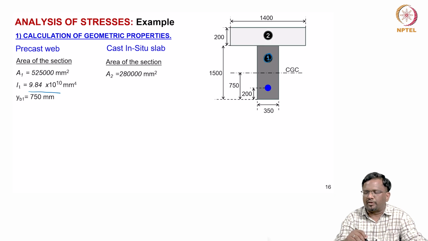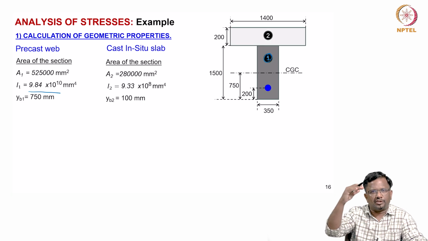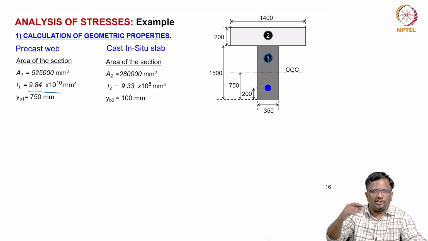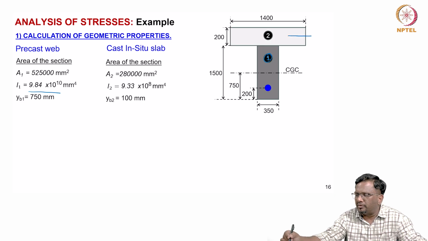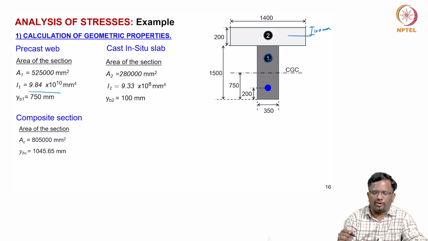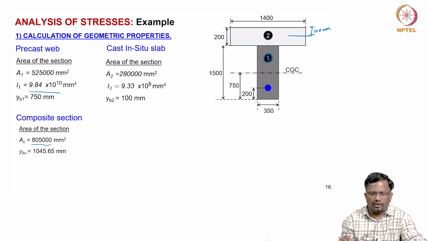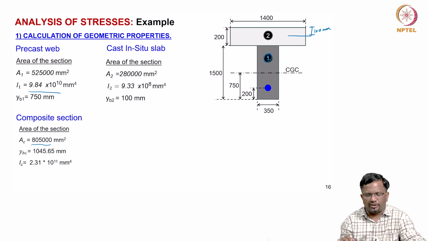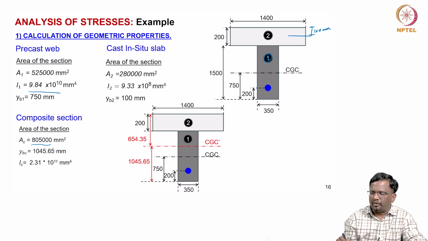Now for the cast in place concrete, your area is 280,000 millimeter square and I2 is 9.33 into 10 to the power of 8, and YB2, which is the distance of element 2 from its CGC, is 100 mm. So that is this, right, 100 mm. And then the composite section properties: now the total area becomes A1 plus A2, which is 805,000 millimeter square. The composite centroid YBC is, as you can see, 1045, which is from here.